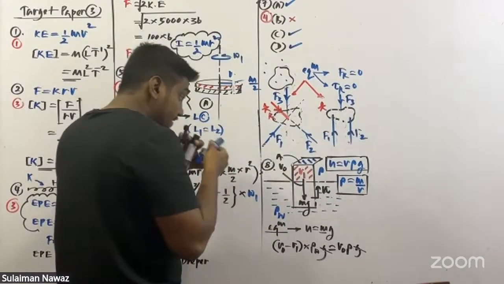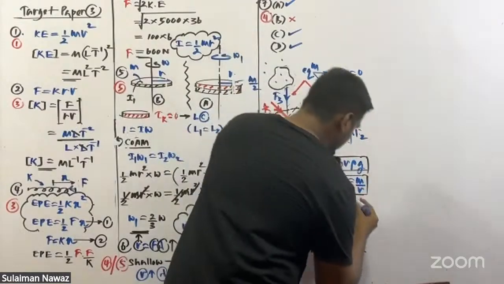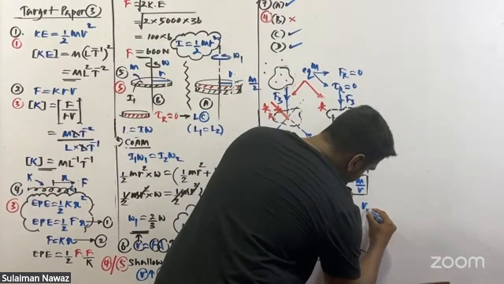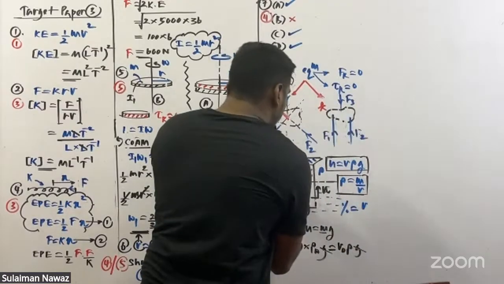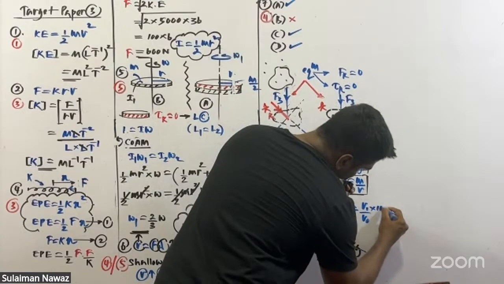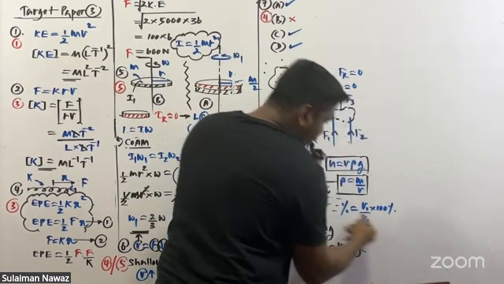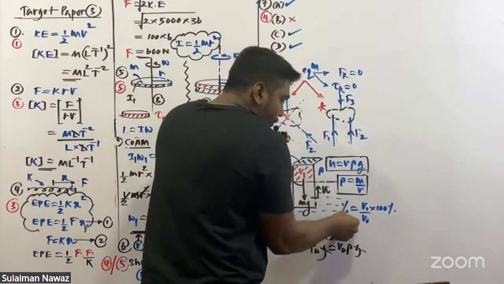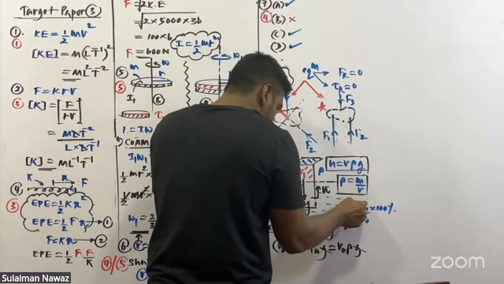So what we want to find is V1 over V naught times 100%. Before finding this, you should find the V1 to V naught ratio.